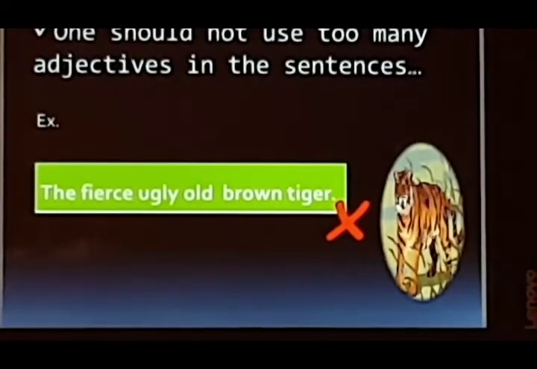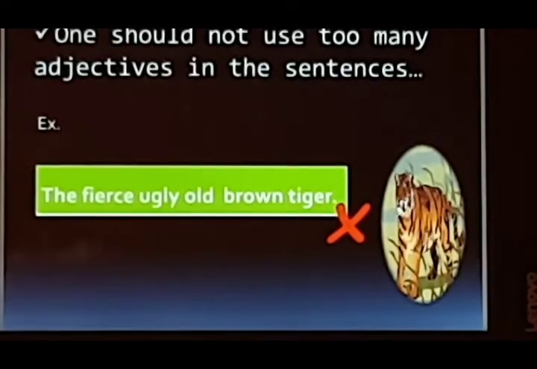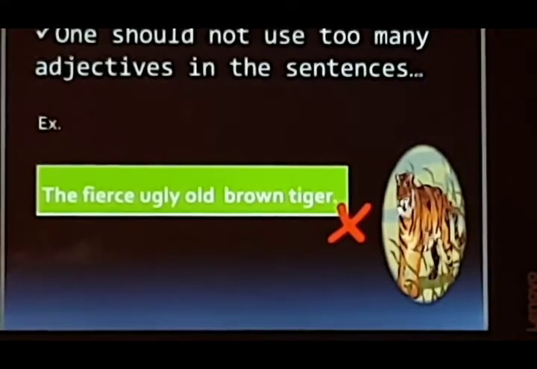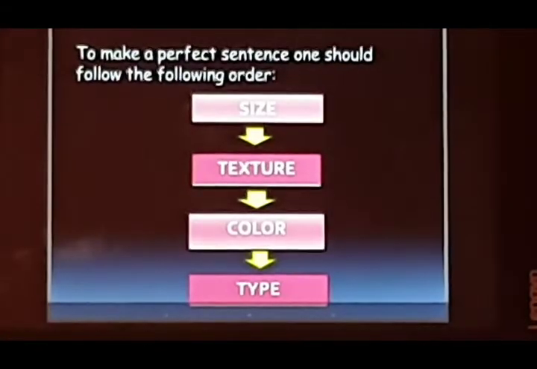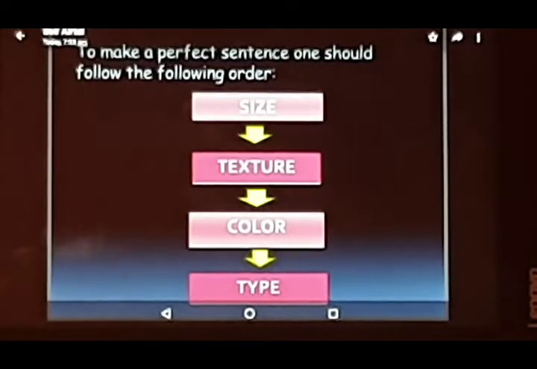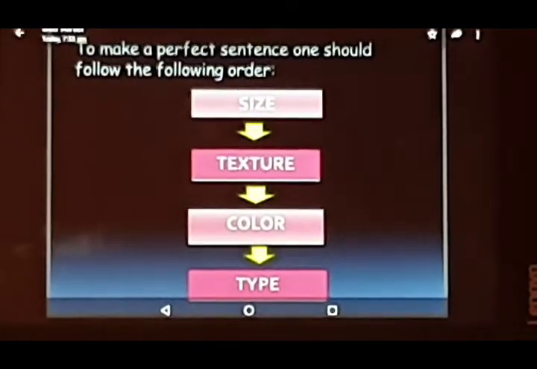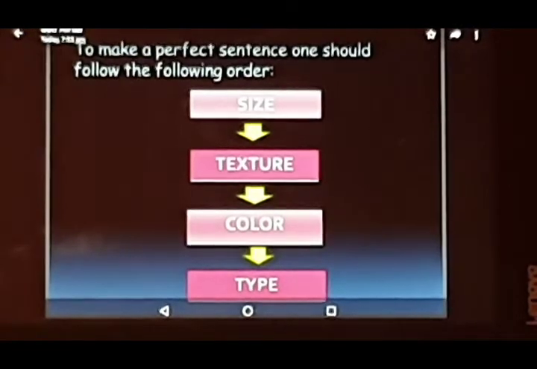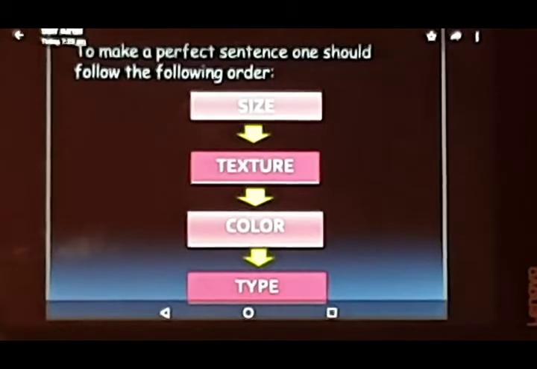But if you have to express more than one or two adjectives in a sentence, then you must follow a proper sequence. So this is the sequence of adjectives you should follow when using different adjectives for a single noun.